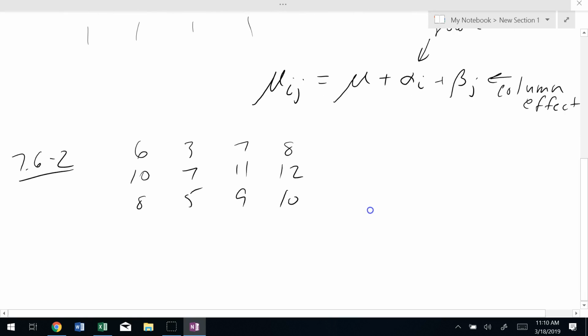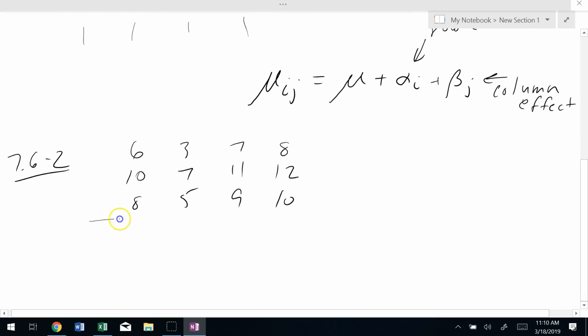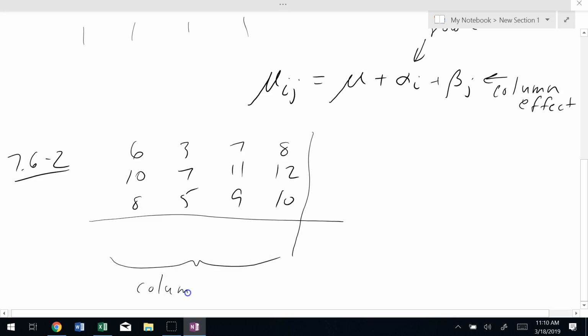All right. So the first thing I'm going to compute here are the different means. These 4 along the bottom will be your column means. These 3 will be your row means.